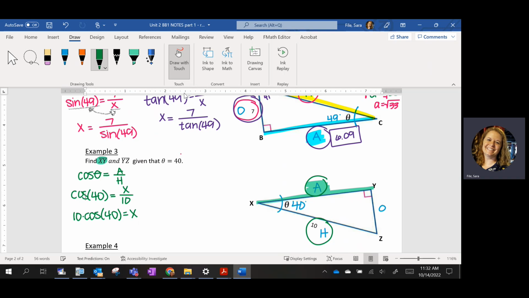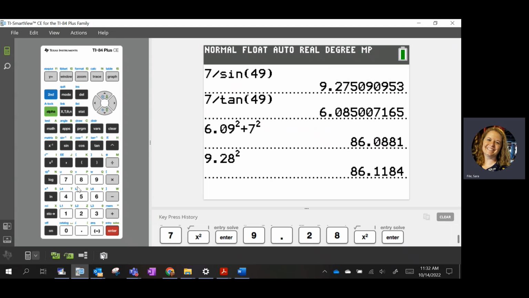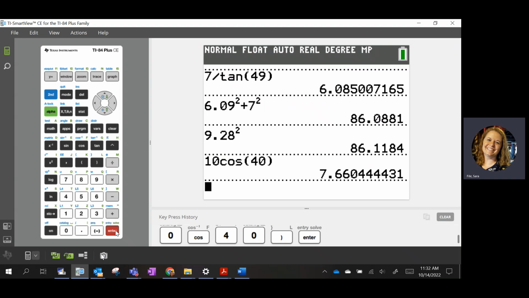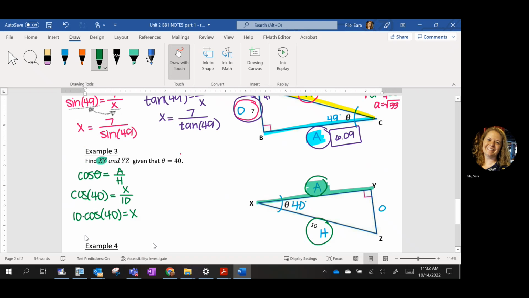So missing the denominator, you divide. Missing the numerator, you multiply. So now it's a calculator problem. 10 cosine of 40. So that's approximately 7.66. That's this side here.